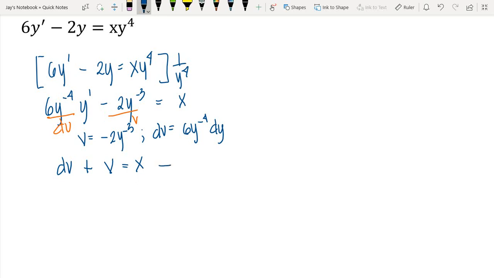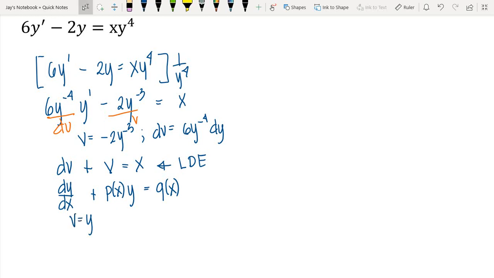So this is now our linear differential equation. Why is it so? Because it satisfies the general form dy/dx plus P(x)y is equal to Q(x). But in this case, we are actually using v instead of y, because again, we eliminated the variable y and changed it into a single variable v.